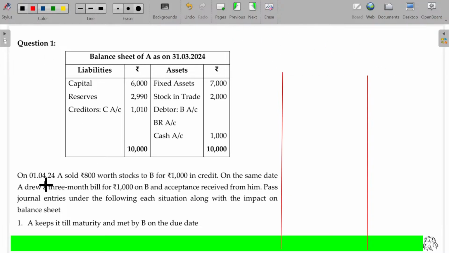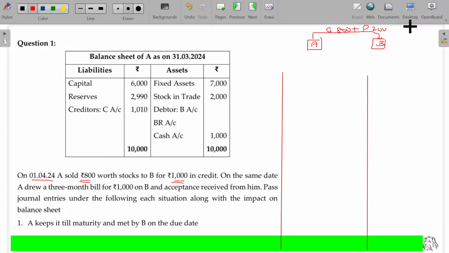Let's see. On 1/4/24, A sold 800 worth stocks to B for 1000 in credit. A sells the goods to B. Goods 800, profit 200.